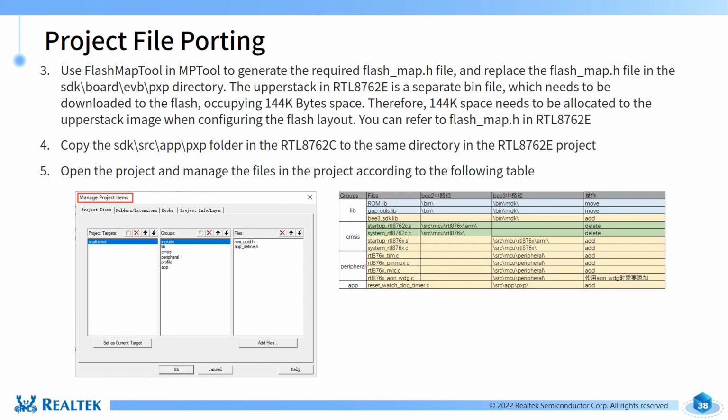5. Open the project and manage the files in the project according to the following table. Note the table on the right. Blue represents the path files that need to be changed. Green means the files need to be deleted, and yellow means the files need to be added.